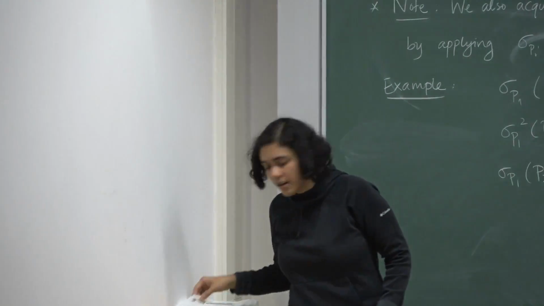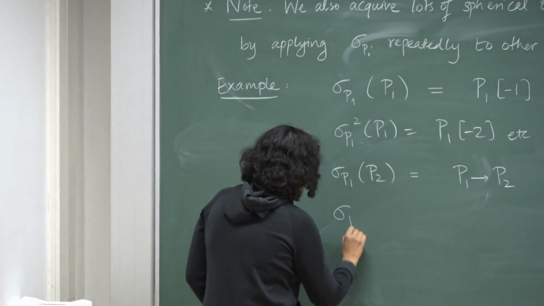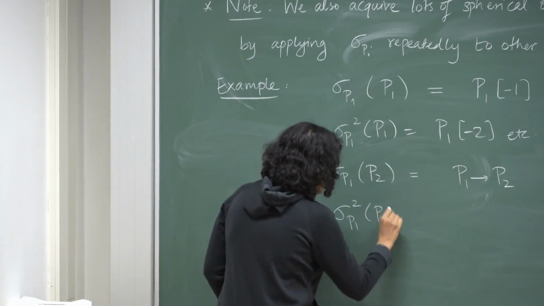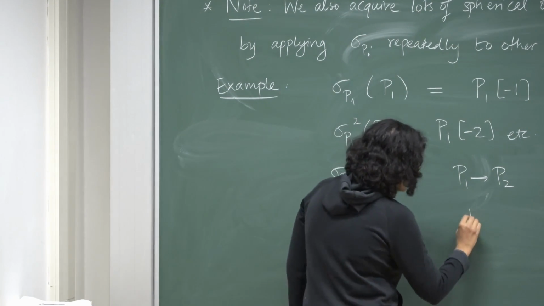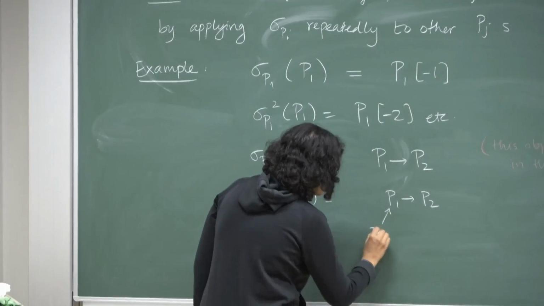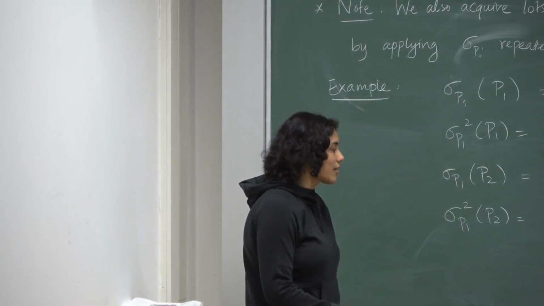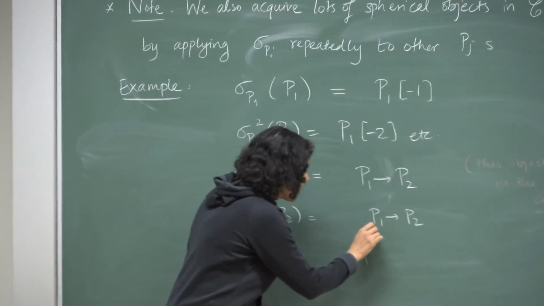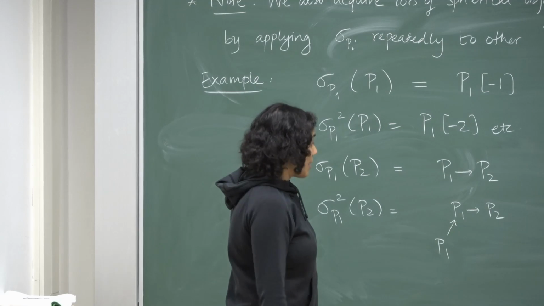But now, if I apply it twice, I will get a complex which looks like, and I'll write it suggestively like this. The notation is not fantastic, I have to say, but this is how it is at the moment.